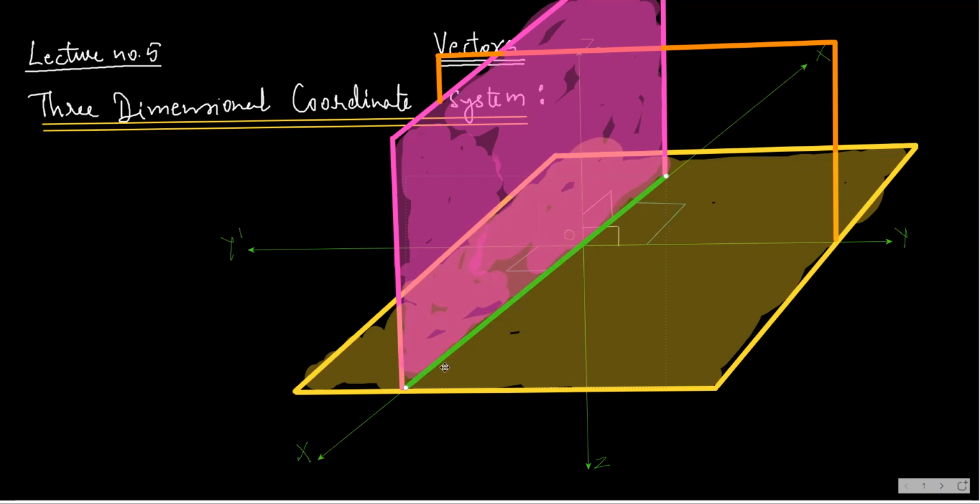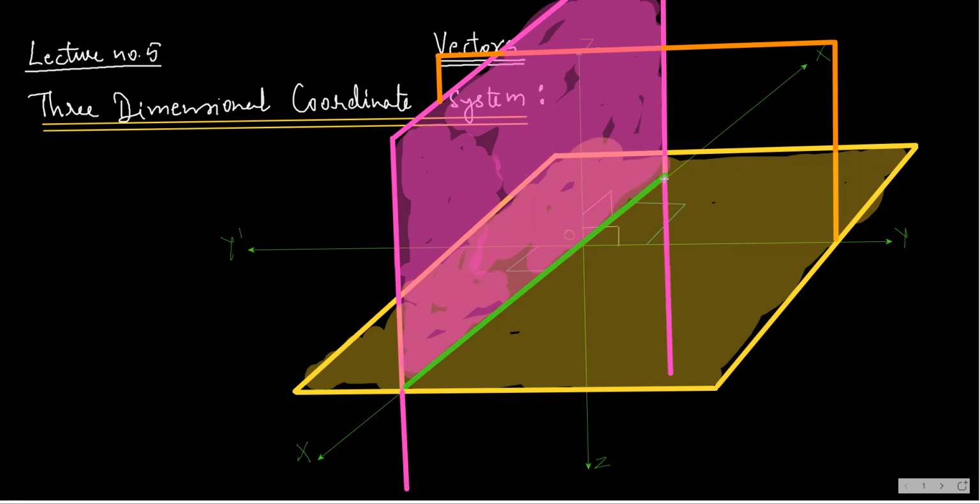And you know what will happen? After intersection, the XZ plane will move down like this here. You will also be able to see it this way. This is definitely extended. From here, you will not be able to see, but then you can see here.